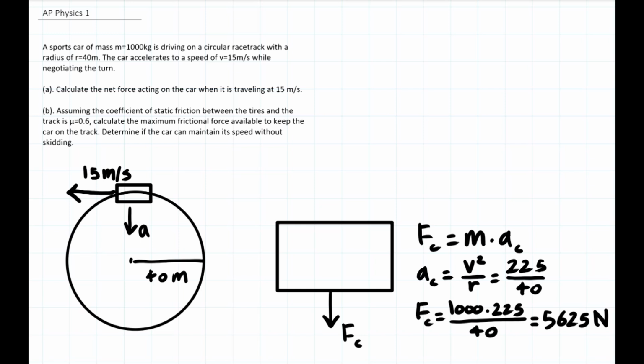And so the centripetal force is 5,625 newtons, which is actually the only force acting on the car at this point, which means our final answer for A is 5,625 newtons, because that is the net force.